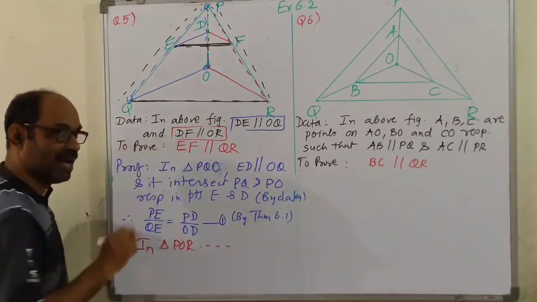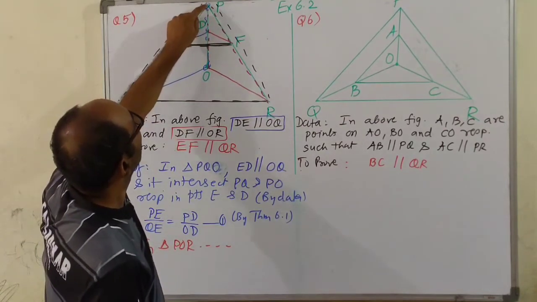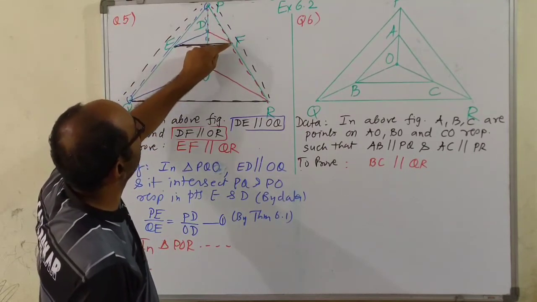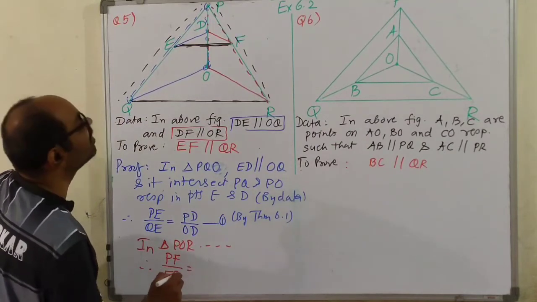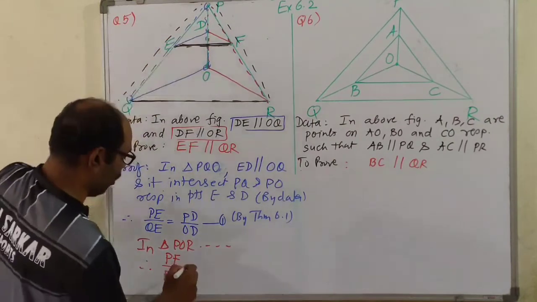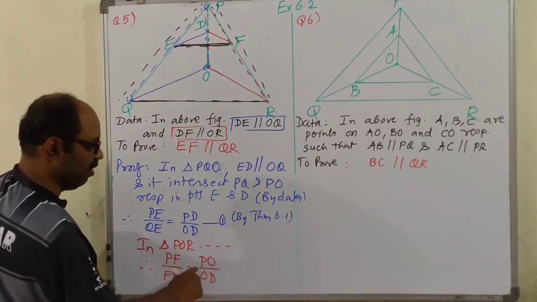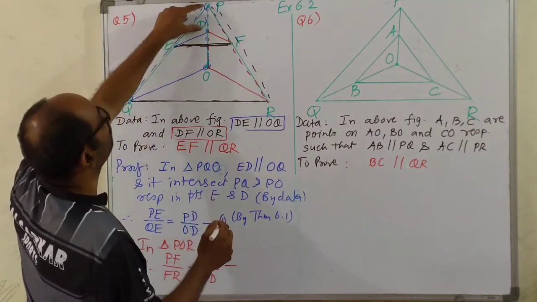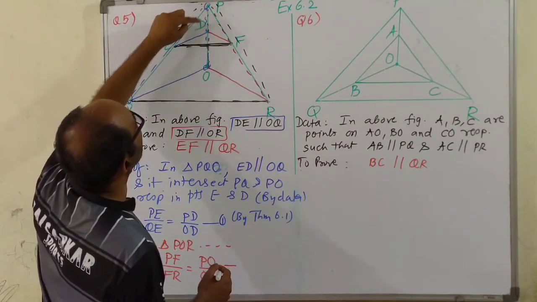This you have to write. Therefore, from this side, PF, here is the red side, PF upon FR is equal to, from this side, PO upon OD. PO, OP, OD, DO are one and the same. Sorry, it's not PO. See this, PF upon FR is equal to PD.